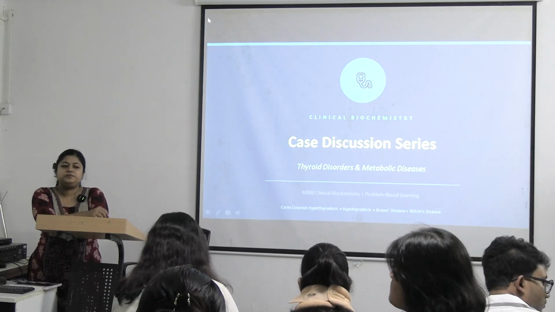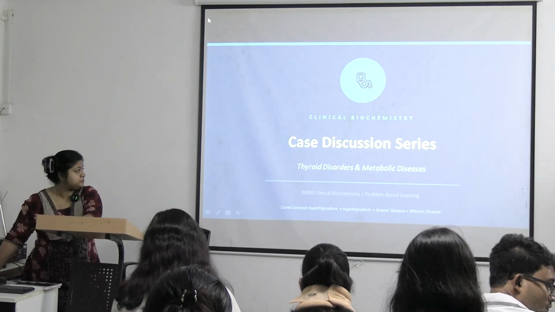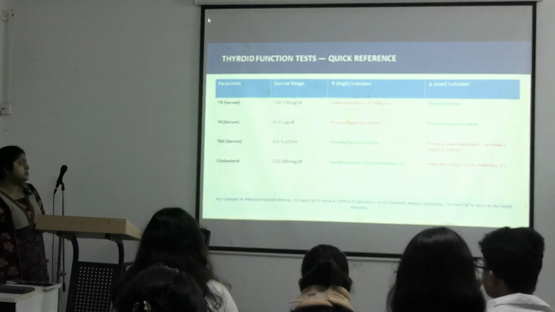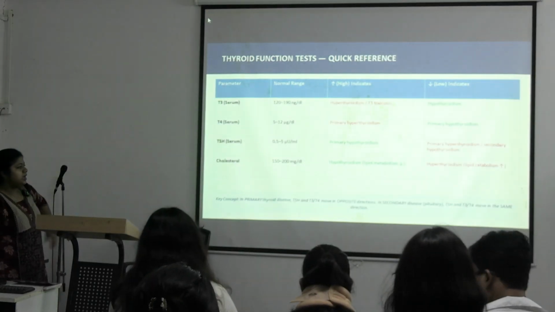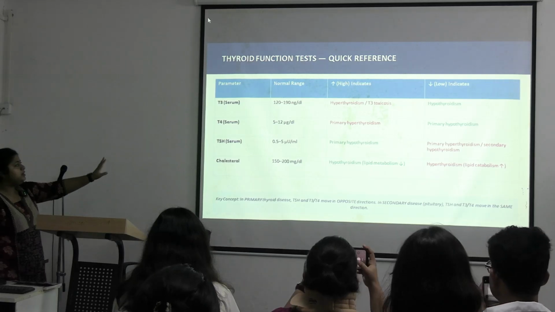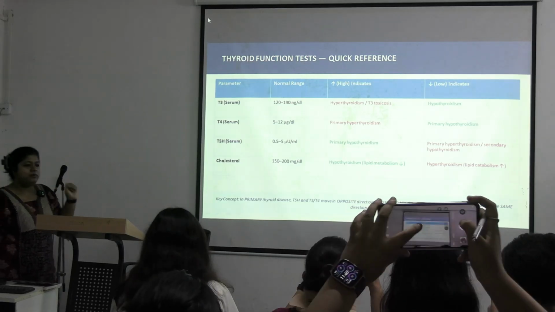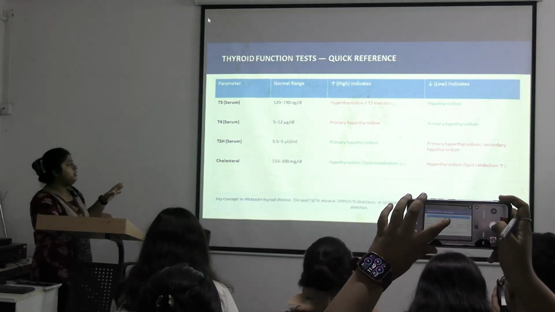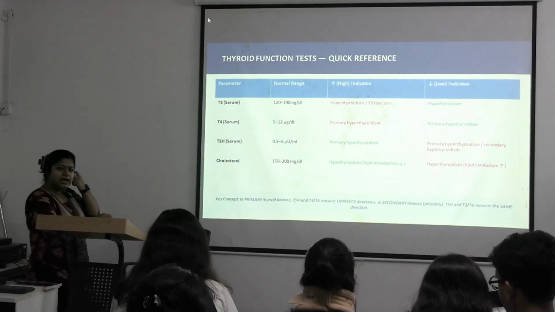Listen, now we will discuss a few cases. Now the normal ranges. Just omit cholesterol for now, and look at the normal range of T3, T4, TSH. This is total T3, T4 and TSH.